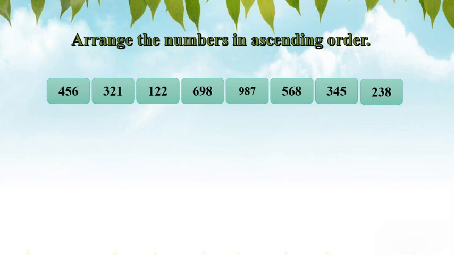Yes, ascending means we have to arrange the numbers in smallest to largest, right? So these are the numbers. Using these numbers, you have to arrange these numbers in ascending order. Okay, think and tell me.